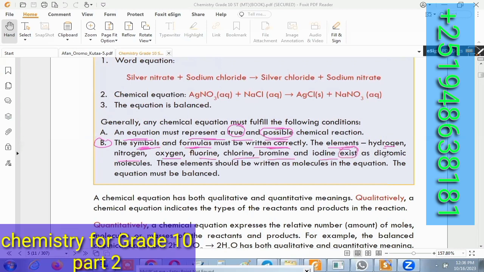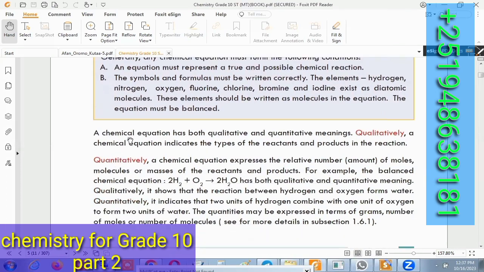All of these exist as diatomic molecules, so they are always written with two atoms. Hydrogen must be written in the form of H2, nitrogen as N2, oxygen as O2, fluorine as F2, chlorine as Cl2, and bromine as Br2. These must be written in the form of diatomic molecules.